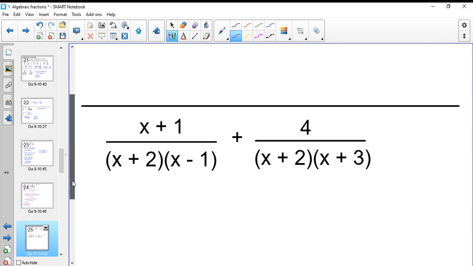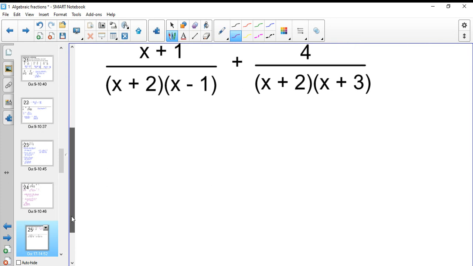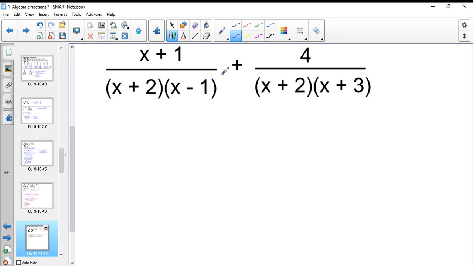Same principle applies. This is already factorised for us, just to make it a bit easier. You can see that there is a factor that they have in common. We can't say that that is a factor of all of that, but they do share a common factor. When working out our lowest common denominator, what we don't want to do is times all of them together and end up with a quartic on the bottom, because that would be horrendous.